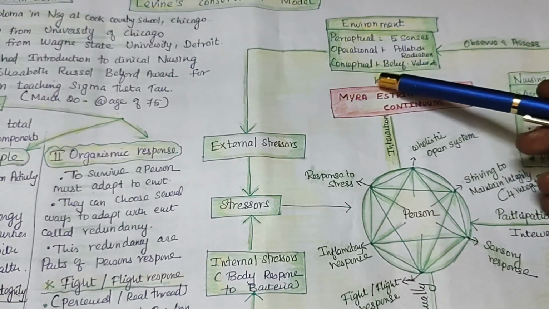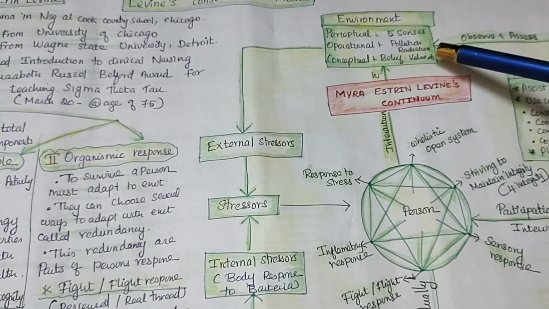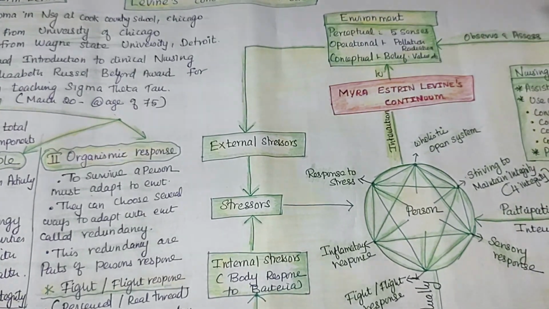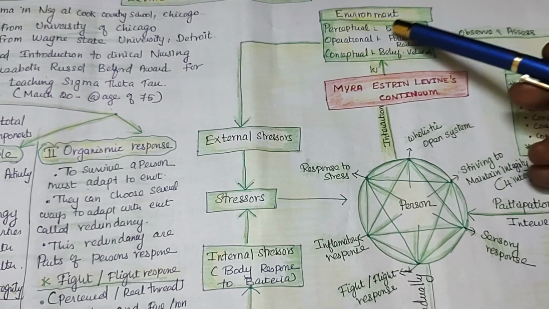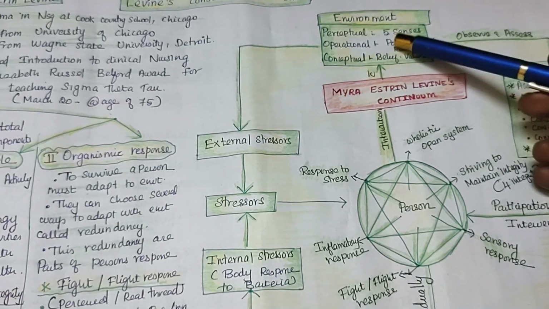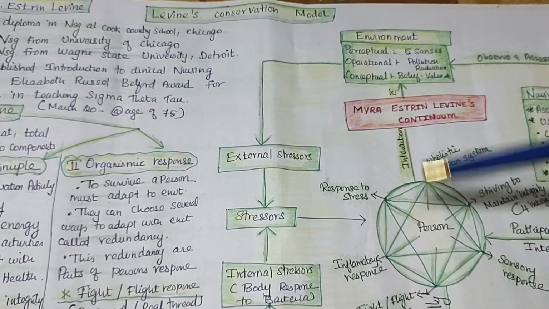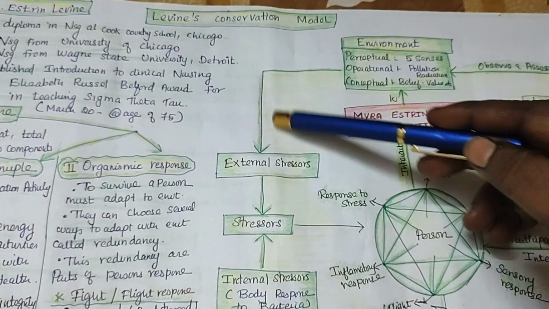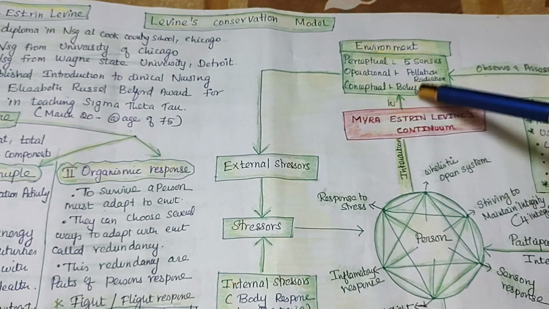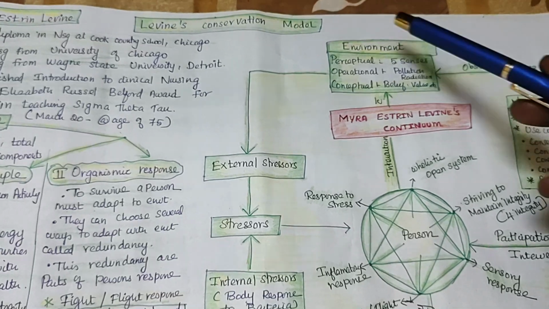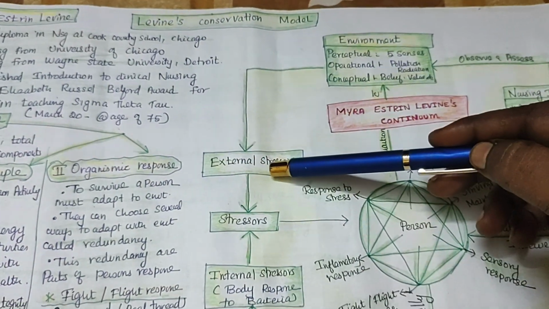Then the conceptual environment: his beliefs, traditions, ideas, views, thoughts from other people, culture, values, everything. So she is talking about the social environment as the conceptual environment. All of this is called the external environment, and it may bring stress, which is called the external stressor.